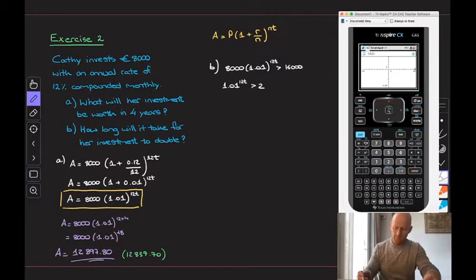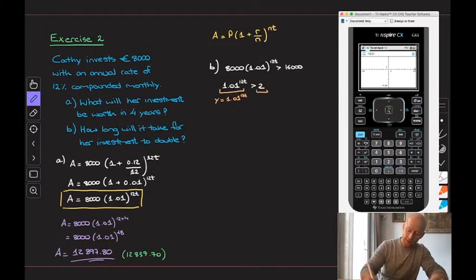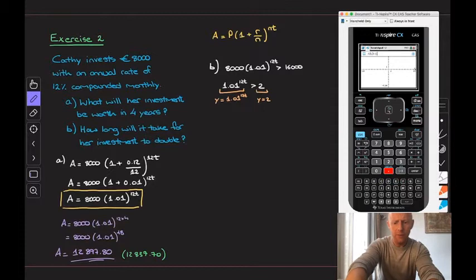On one side of this inequality, if I use a different color again, I've got this function, so I'll plot y equals 1.01 raised to the power of 12t. And on the other side, I've got a very simple function. It's still a function, though. Its equation is y equals 2. So if I plot both of those, that's 1.01 raised to the power of 12x.